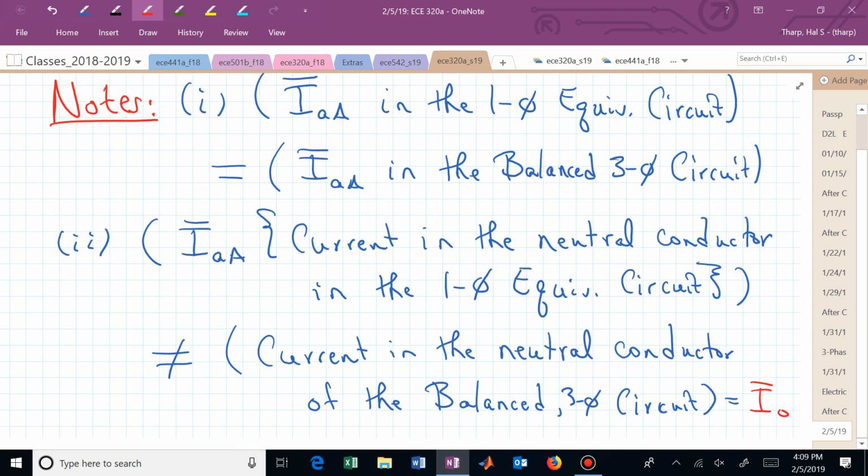That's all I'm saying. So don't overgeneralize too much from the single-phase equivalent.